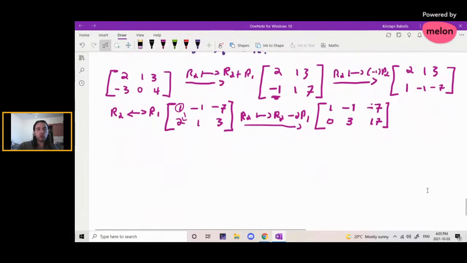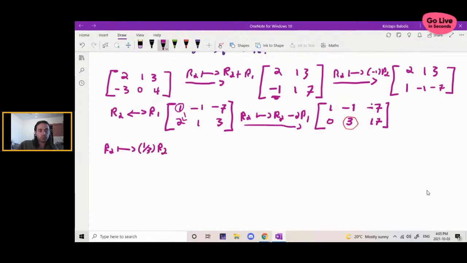Okay, so now this is my other leading entry. I would like to make that equal to 1. So I'm going to go row 2 becomes 1/3 multiplied by row 2.